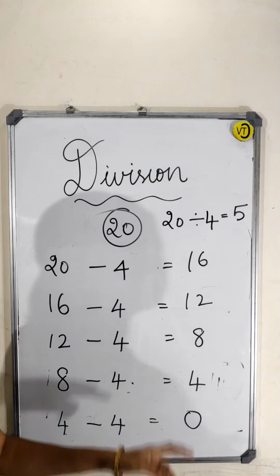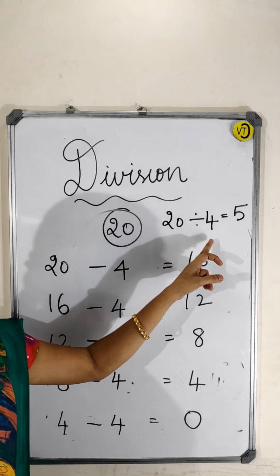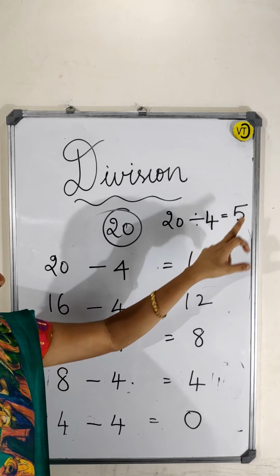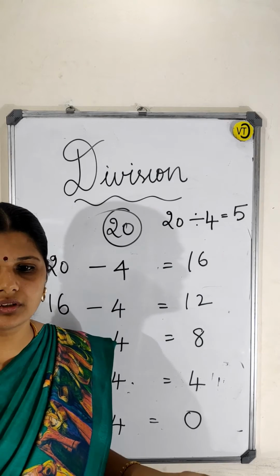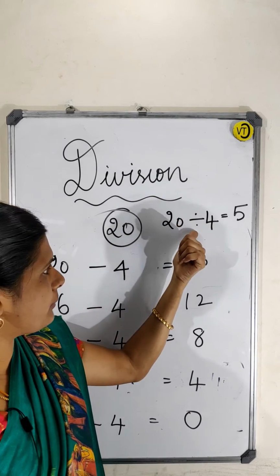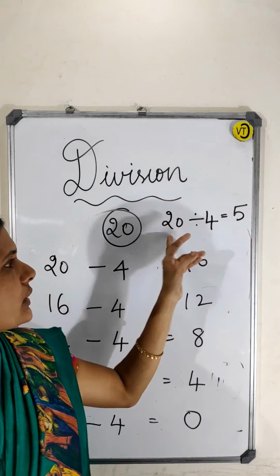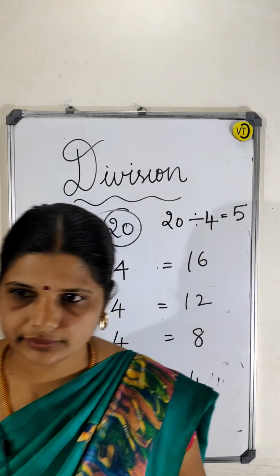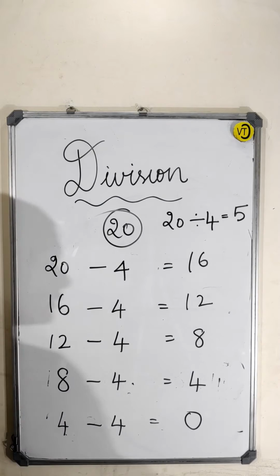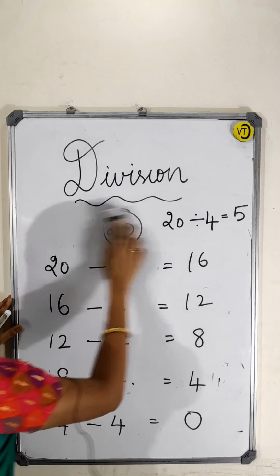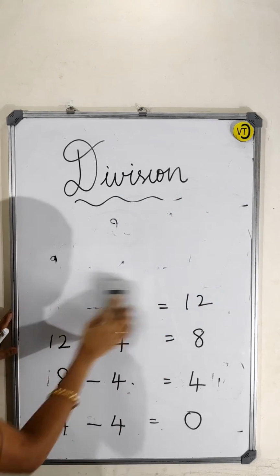So you have to tell like this: 20 is divided by 4, 5 times. This is also correct, because 5 into 4 is equal to 20, no? The next thing I am going to tell you, division by equal grouping.